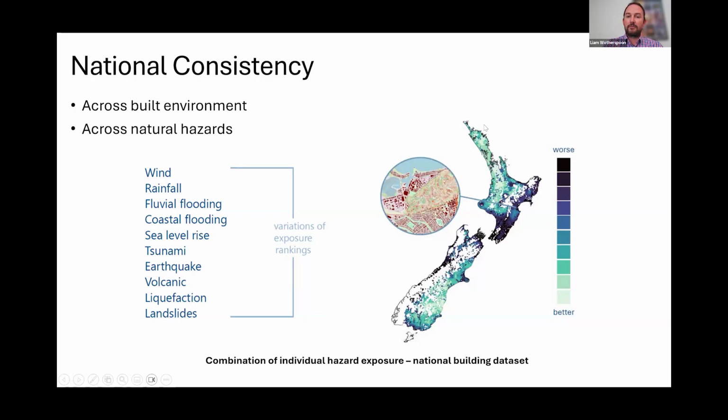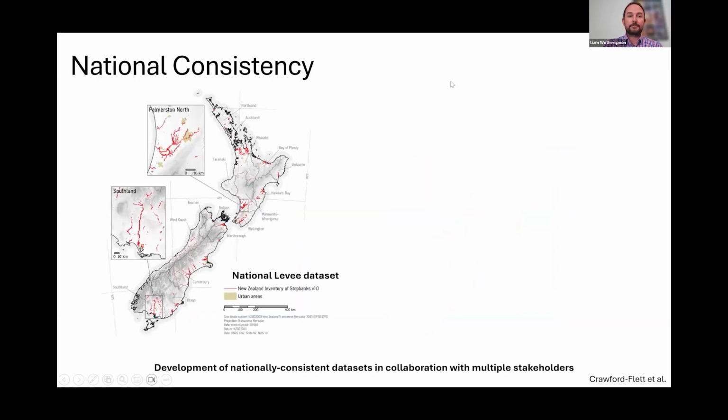So this is looking at every building footprint across the country, trying to explore ways to aggregate these different hazards to look at aggregated hazard exposure, and where things are better or worse in terms of that level of exposure. For those of you who know New Zealand, this is where the fault line runs. This isn't that there's no hazard, there's just no building footprints in the white area. But we can really explore that when we have these nationally consistent data sets across the country.